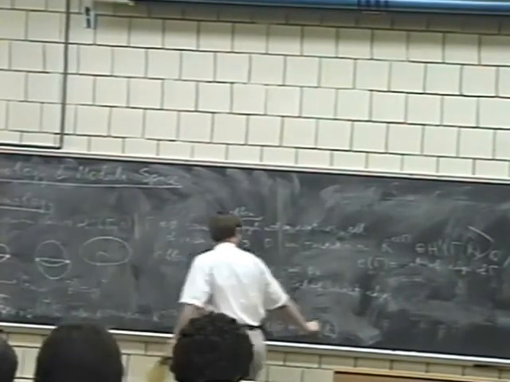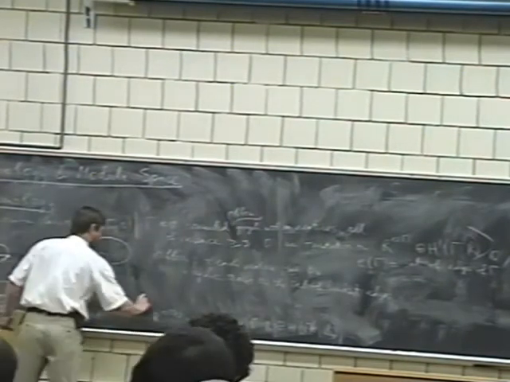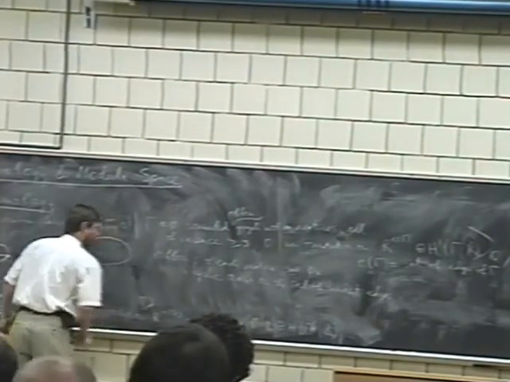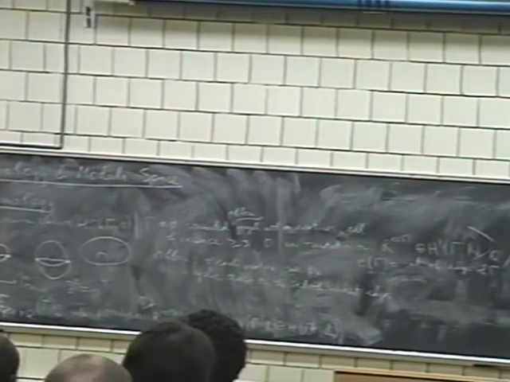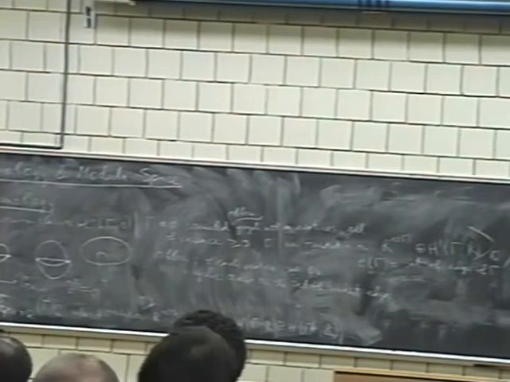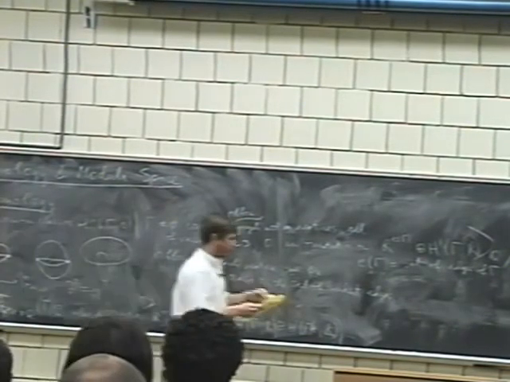So, using this embedding and this isomorphism, okay, this is the differential in the graph complex.